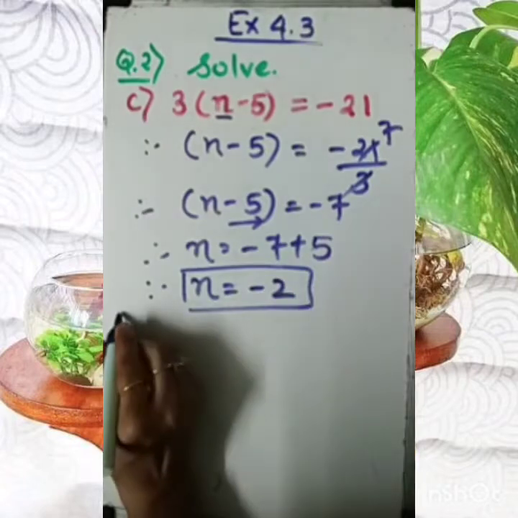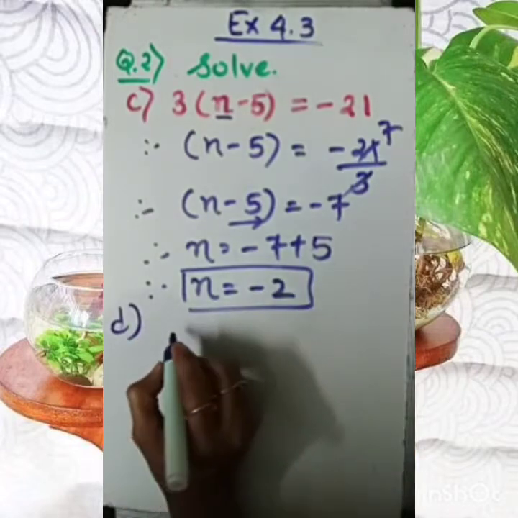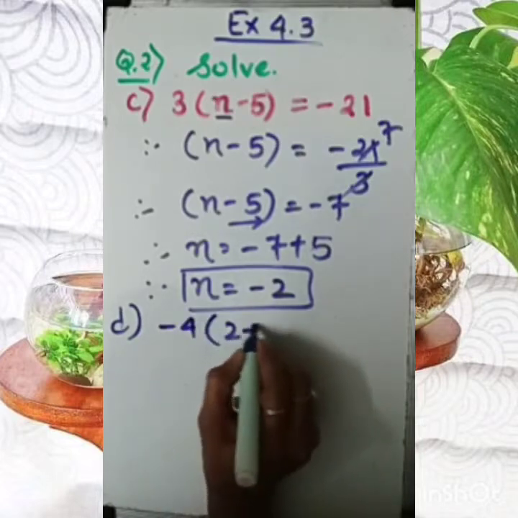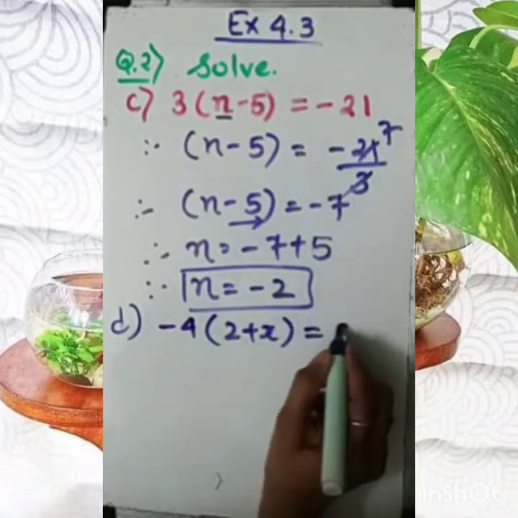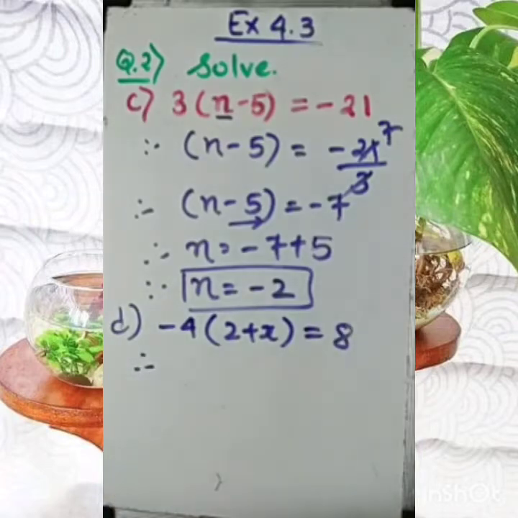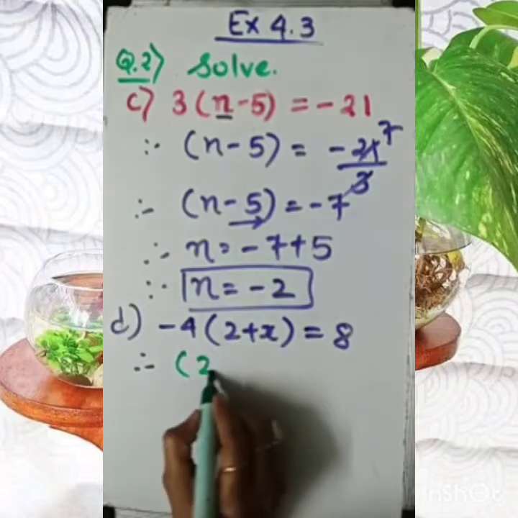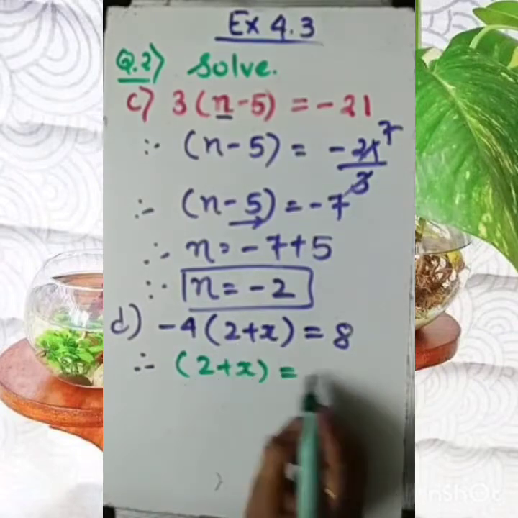Let's try to understand the sum better by doing this. -4(2 + x) = 8. What to do? Very simple, very easy. This 2 + x is already here and this 8 is already here.